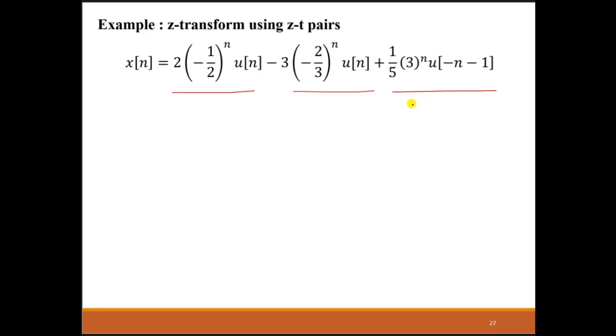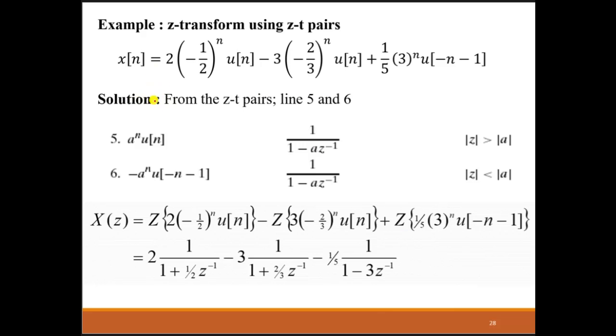Here we'll simply refer to the table, ZT pairs lines 5 and 6. You see that the first term is similar to this one, the u n is also u n. And the second term is also the same.